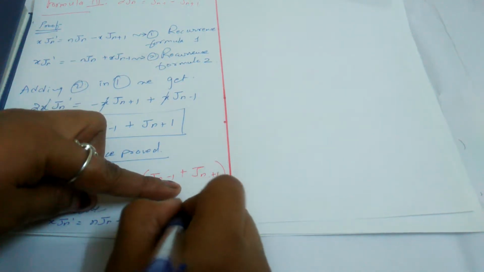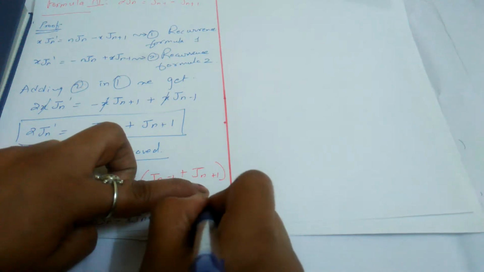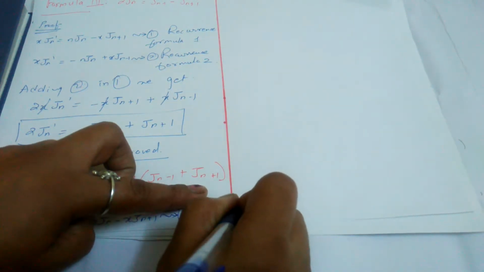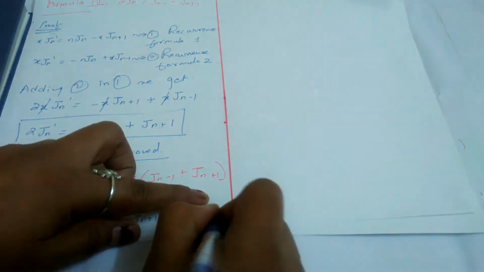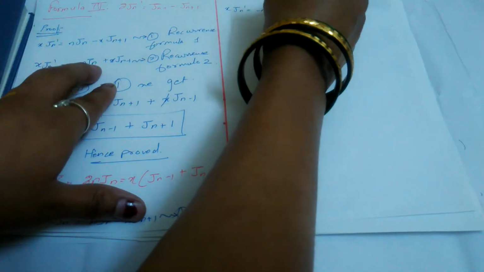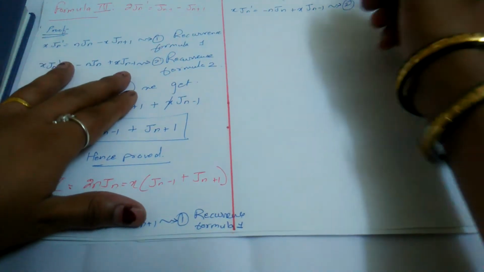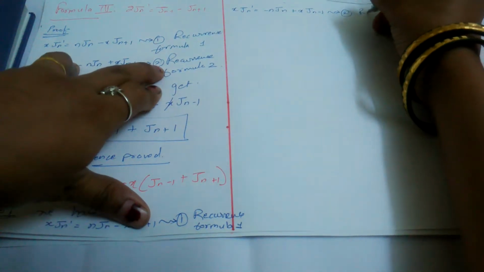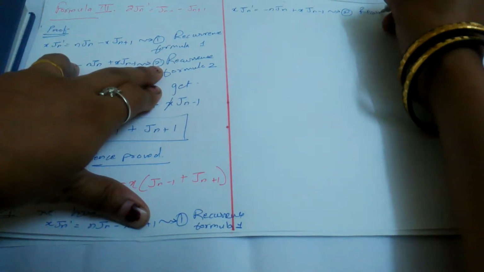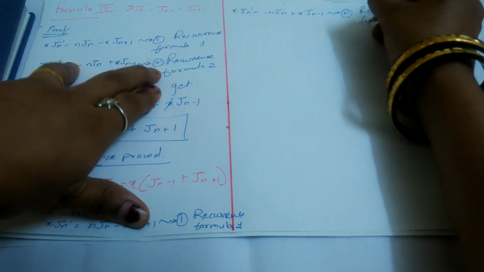This I will mark as equation number 1, recurrence formula number 1. Then x Jn dash is equals to minus n Jn plus x Jn minus 1, this is recurrence formula number 2.